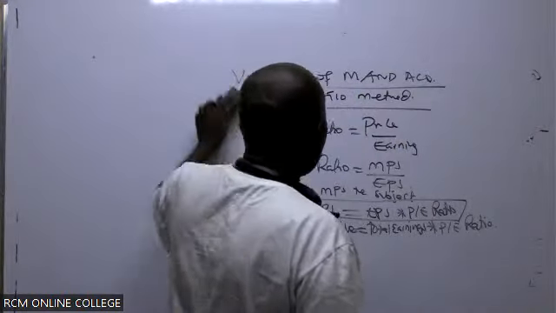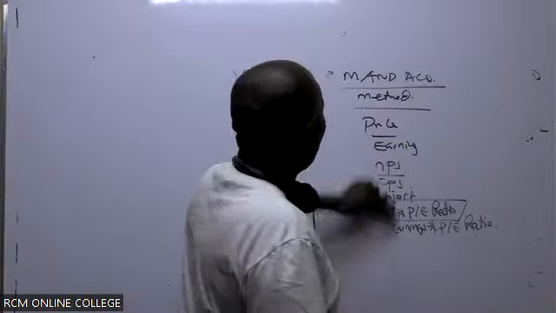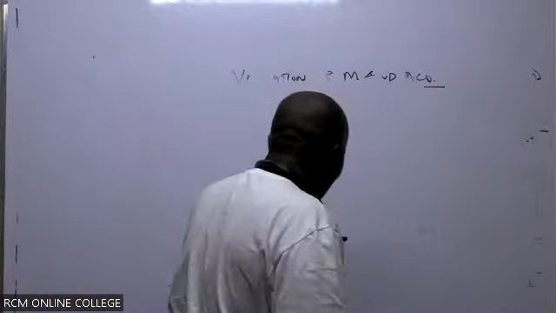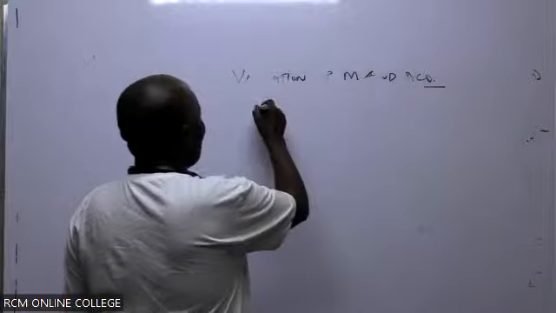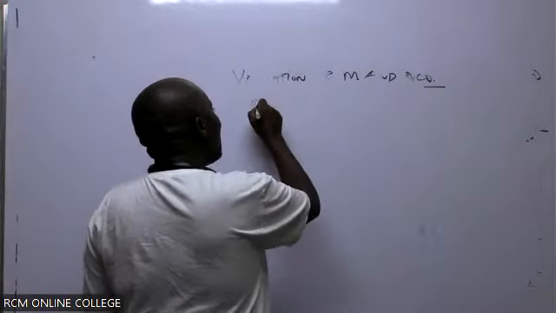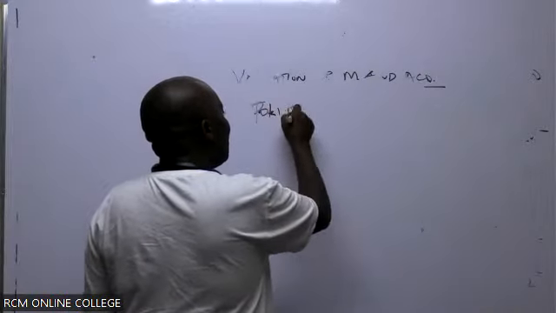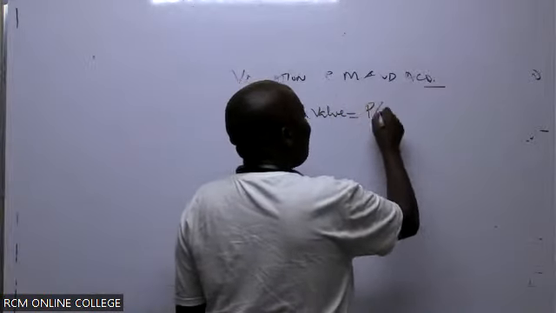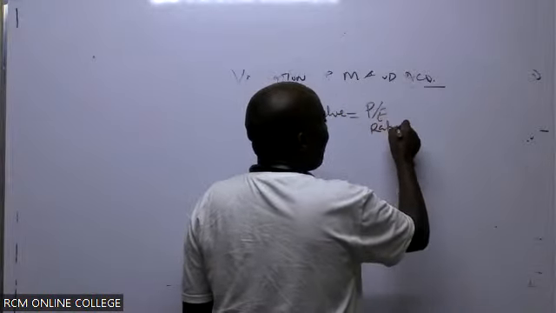So anytime they talk about the PE ratio method, to get total firm value, you'd always take the PE ratio given. This is how I remember it.